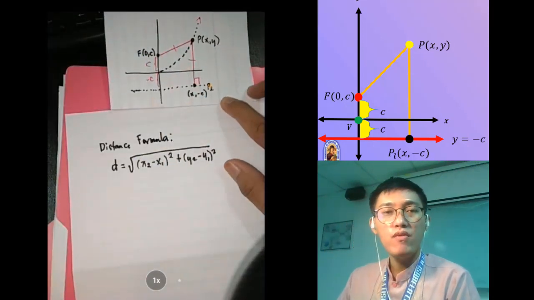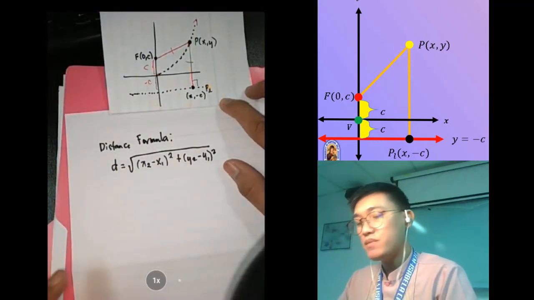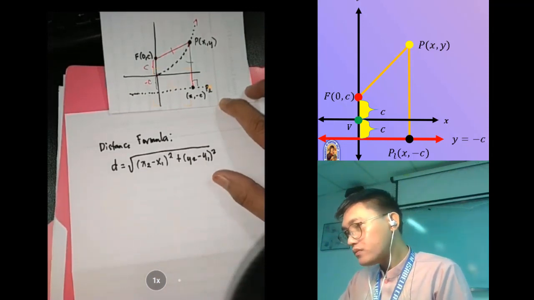And we have to be very careful about which part of this parabola must be substituted into this to get the distance.